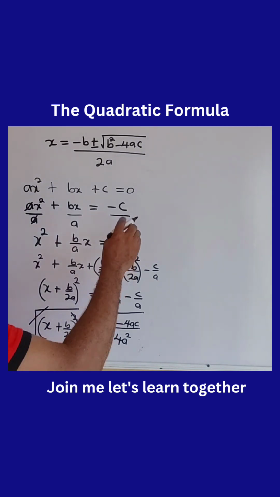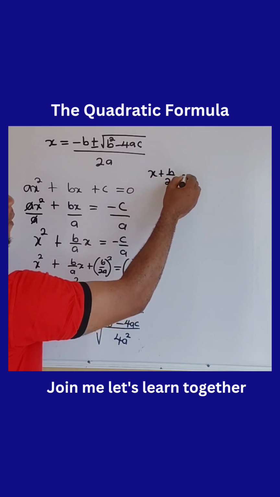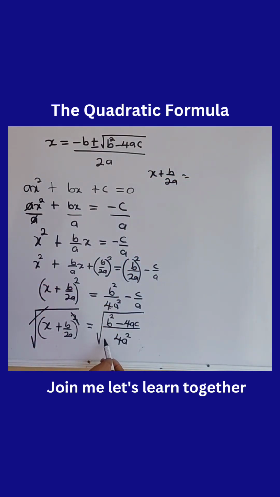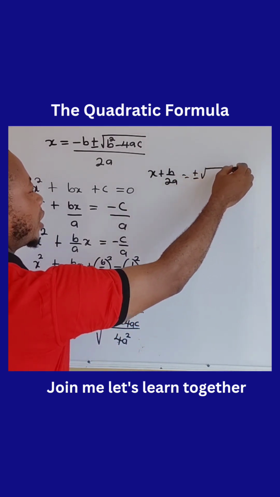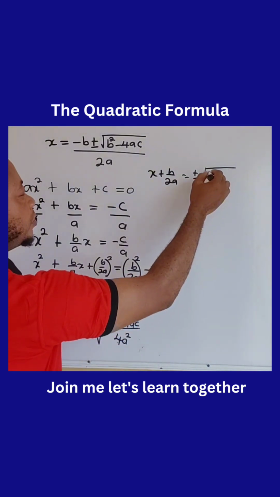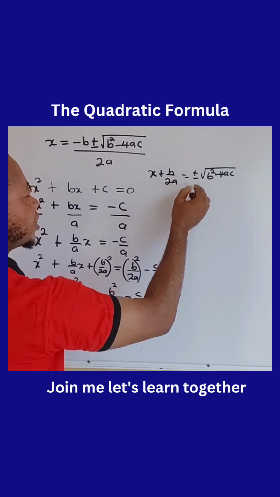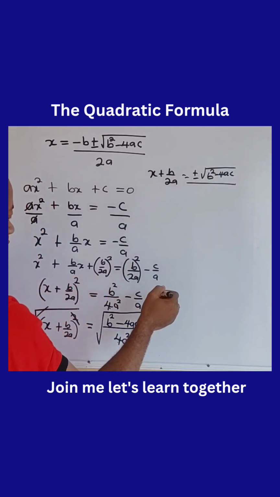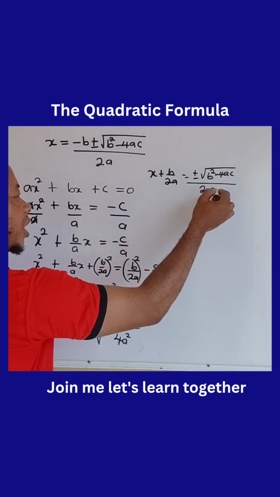What we now have is x plus b over 2a equals, we are going to take only the square root of this denominator, which is 4a squared. So let's just pull down square root of the numerator, which is plus or minus, okay? Plus or minus b squared minus 4ac, okay? Everything divided by square root of 4 is 2, and square root of a squared is a.